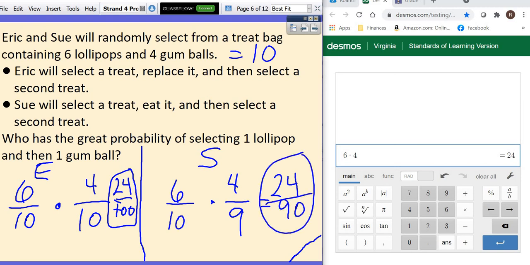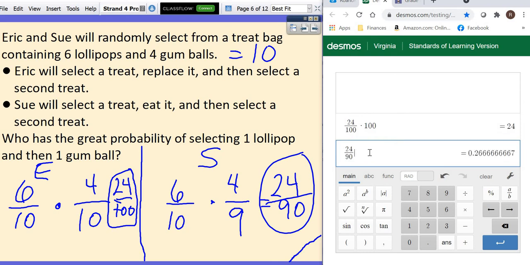And it wants to know who has the greatest probability. So what I'm going to do is take Eric's probability, 24 divided by 100, and multiply that by 100 to make it a percent. That way my number is easier to look at. Then I'm going to take Sue's probability, which was 24 out of 90, and multiply that by 100.